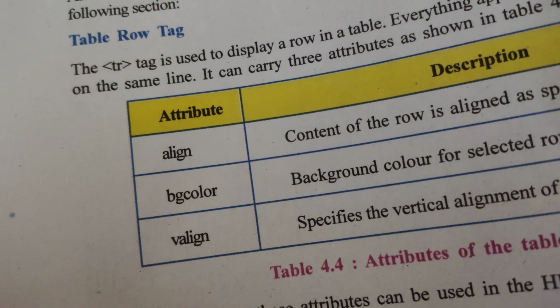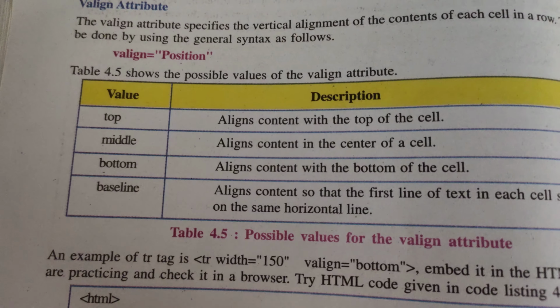If you want it vertical, for a specified row or column or cell, then you give TR and then valign. Such a table will be defined if you give a specified TR, table row tag, with your bgcolor element or valign.